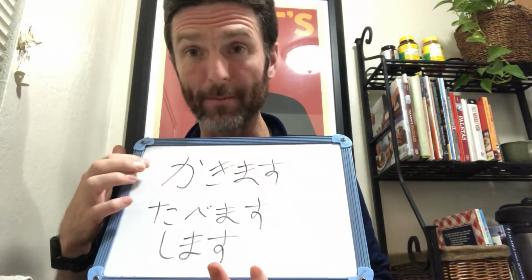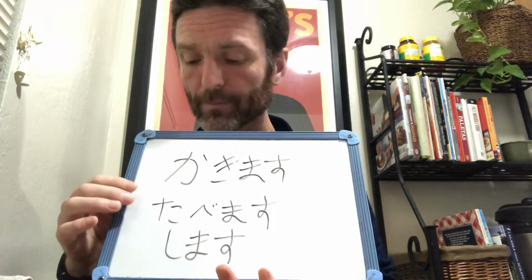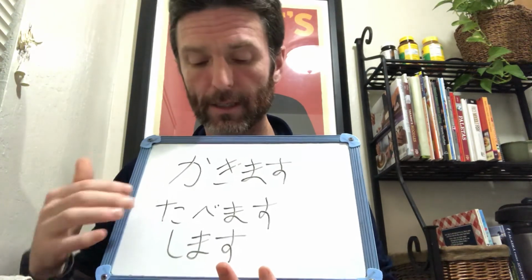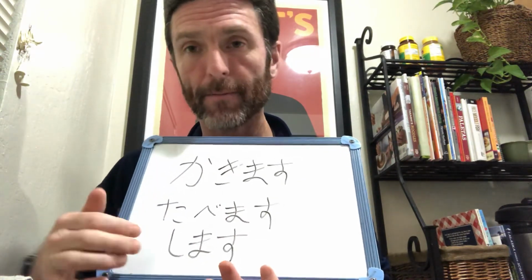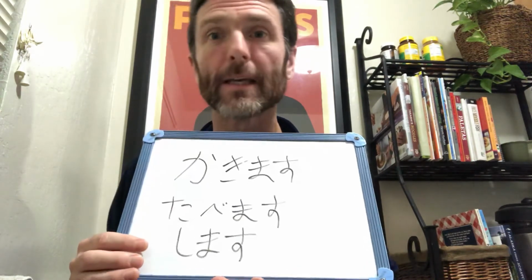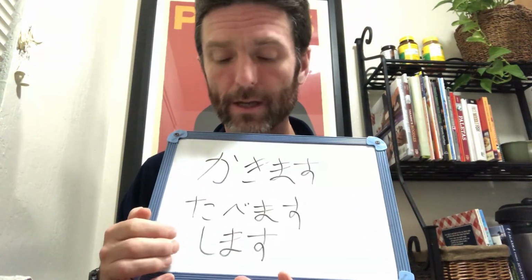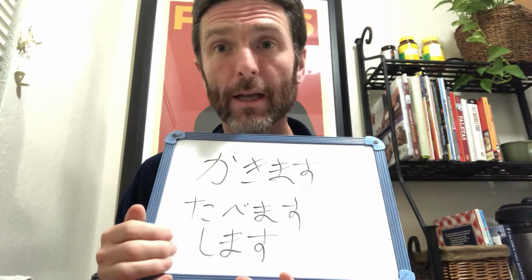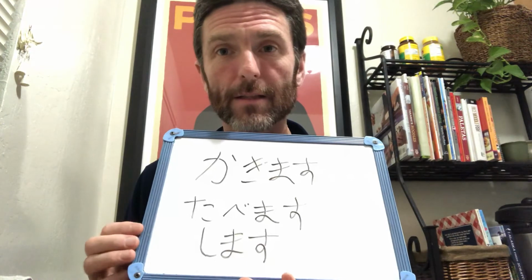So this would become kaku. The ru verbs, pretty straightforward. We get rid of mas and add our ru, taberu. Our irregular verbs, we have shimas. What's the other one? Kimas. And so they would become suru and kuru. Okay? And the reason why we use it is for informal speech. We put it in the middle of the sentence sometimes.